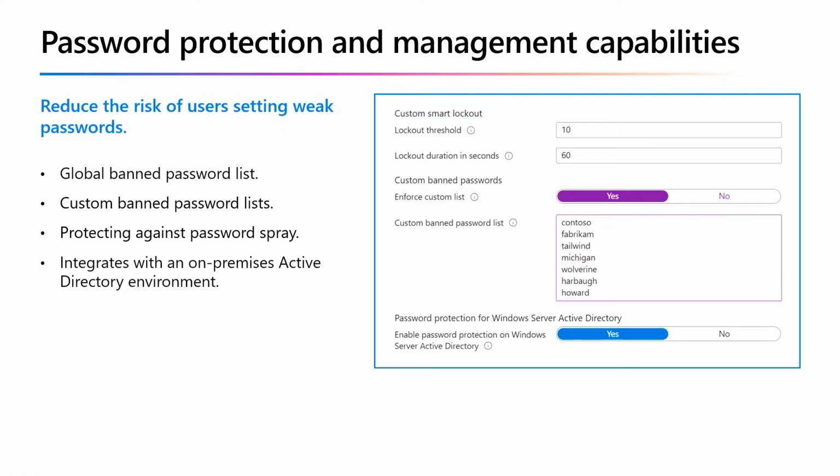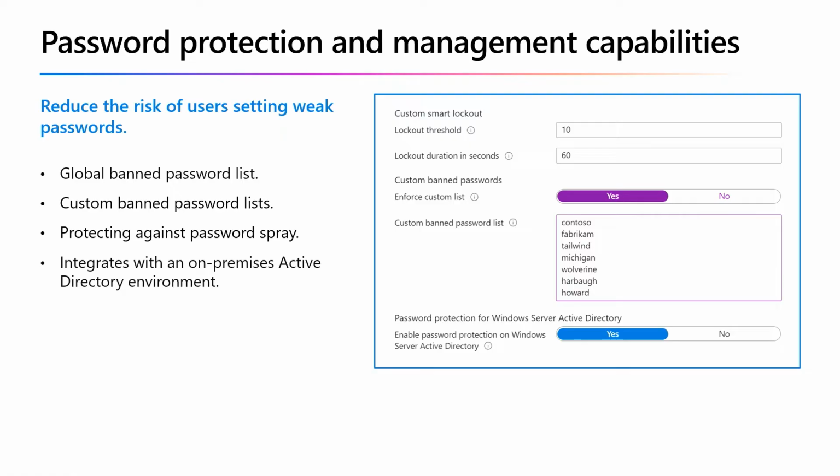Default global banned password lists with known weak passwords and their variations are automatically applied to all users in a Microsoft Entra ID tenant. You can define entries in a custom banned password list to add organization-specific terms such as brand names and product names. When users change or reset their password, these lists are checked to enforce the use of strong passwords.